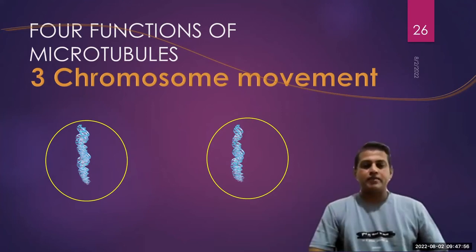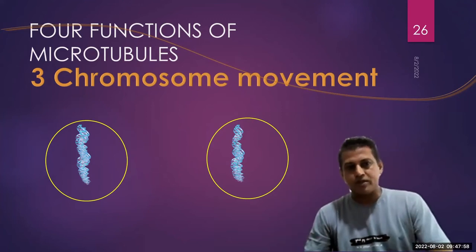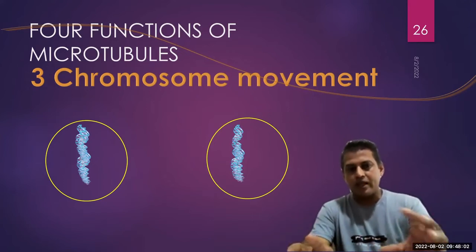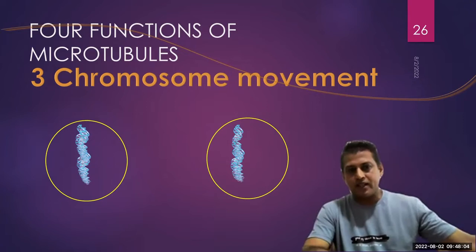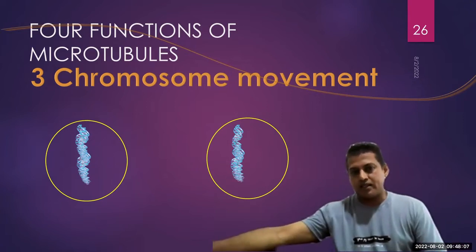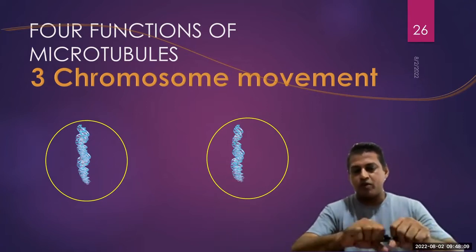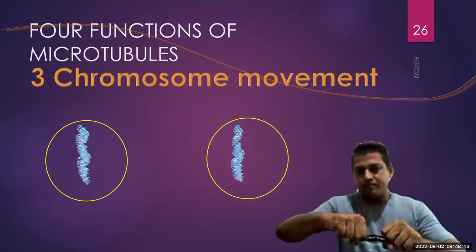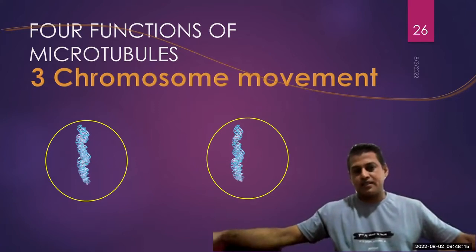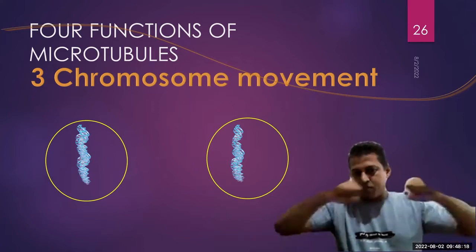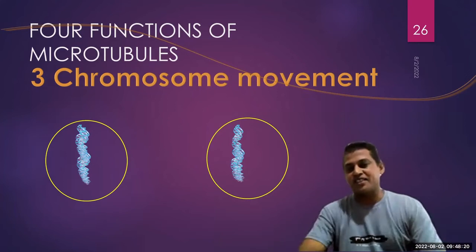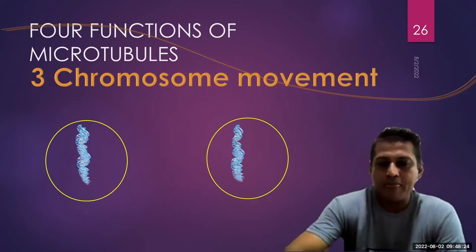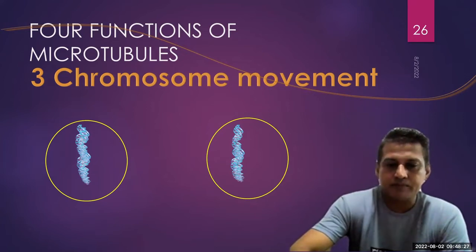We're going to learn cell division, mitosis and meiosis, the two different types, in the future. But one chromosome should go to the one cell, the other chromosome should go to the other cell. This is possible because these microtubules tie them and pull them to the two ends. So they help to tie them and pull them to the two ends. That's the third function of microtubules. Right, the last.